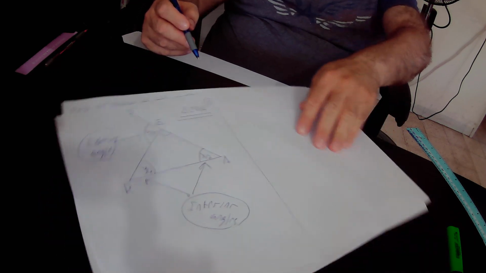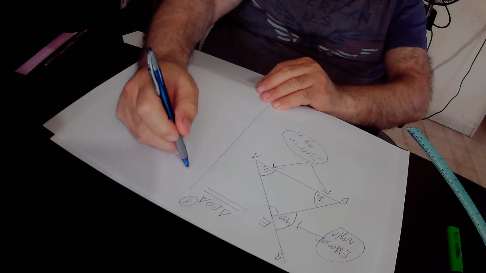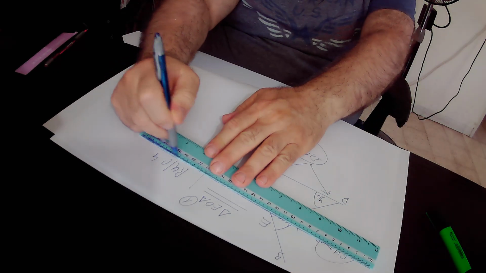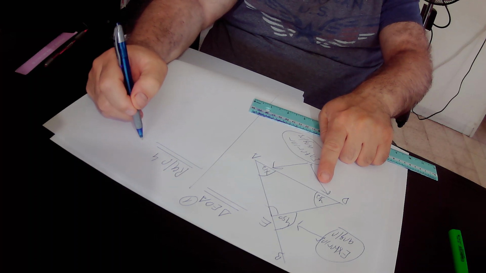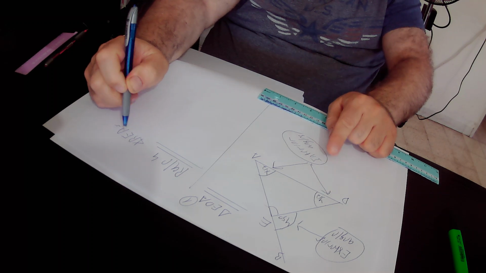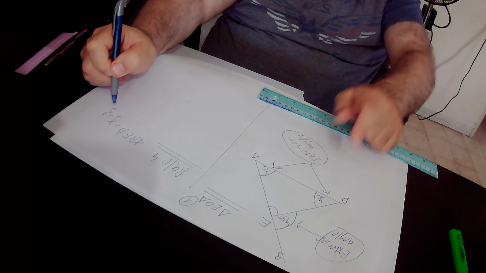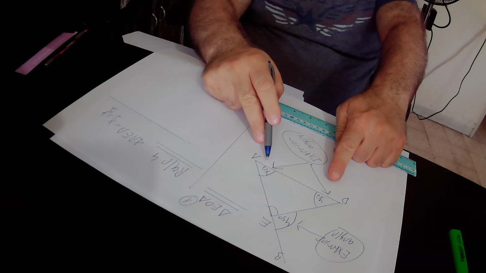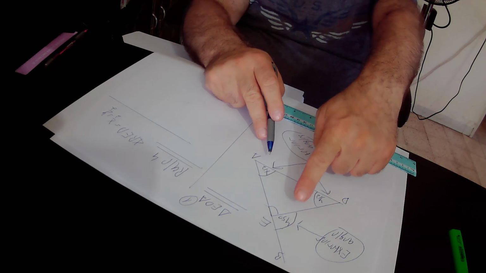So I write it down. According to rule 4, the size of the exterior angle, angle BED, is equal to x over 2 plus y over 2. I'll repeat again why, because those two angles, x over 2 and y over 2, are both interior angles that are not adjacent to this angle BED.